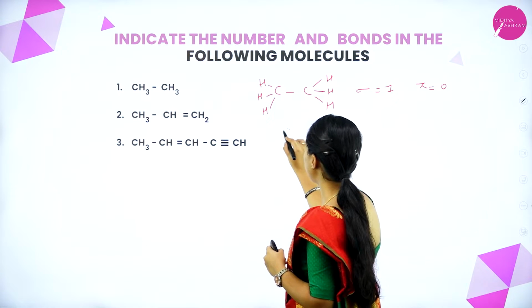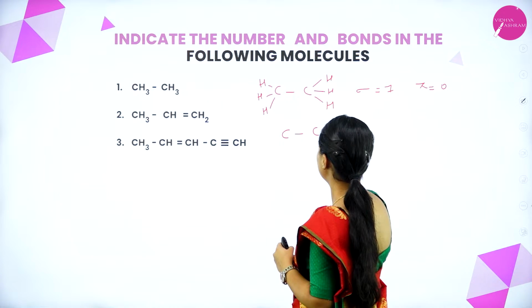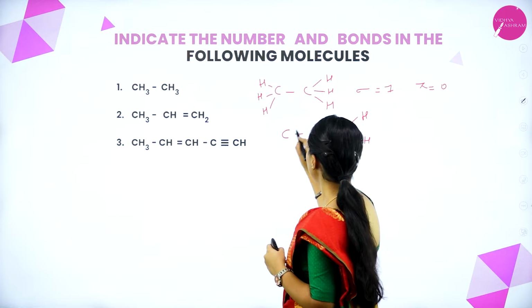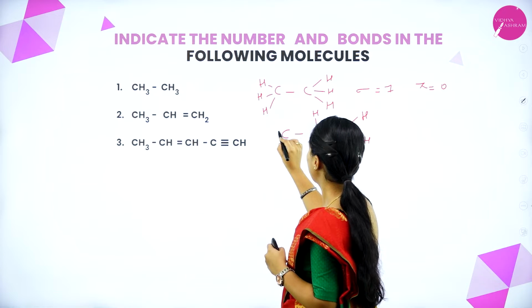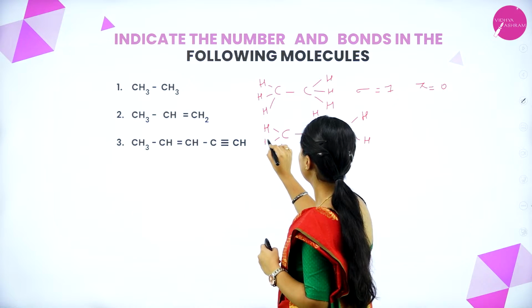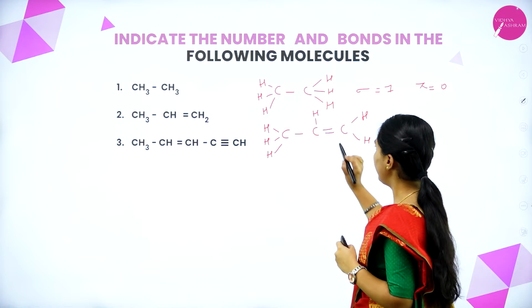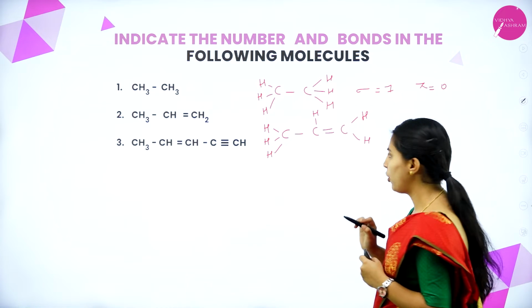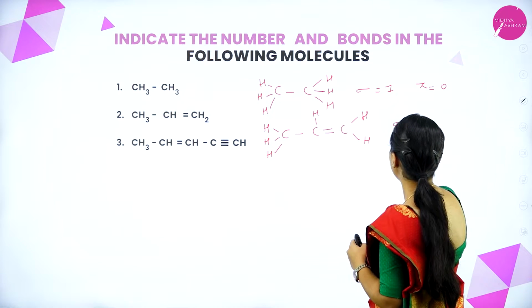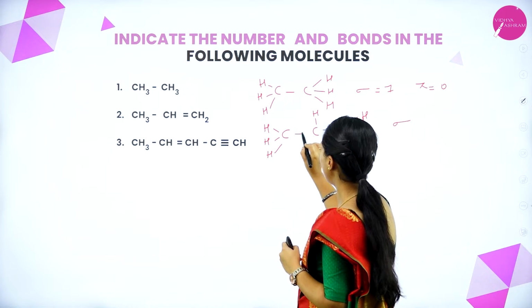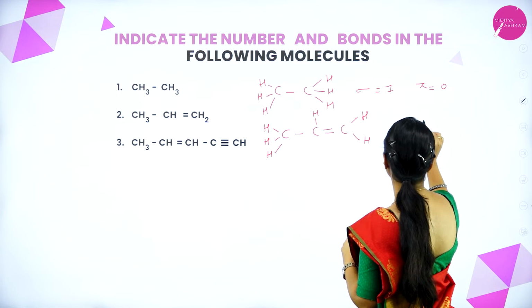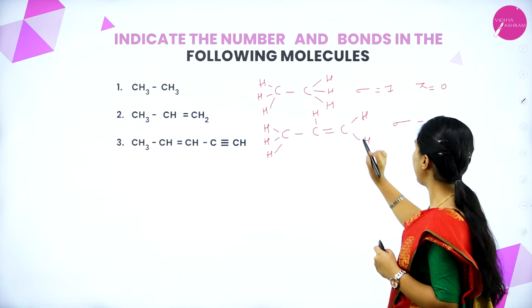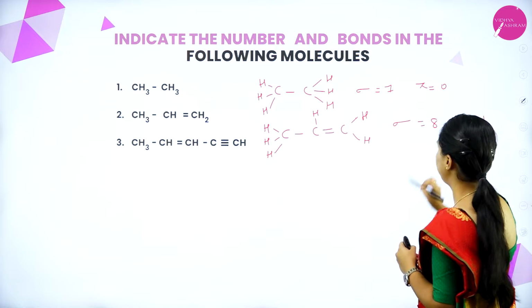And the second example, here also you have to expand the structure. See here, if you have a double bond, in that double bond, one bond will be pi and another bond will be sigma. That's why the number of sigma bonds is 1, 2, 3, 4, 5, 6, 7, 8, and pi bond is 1.